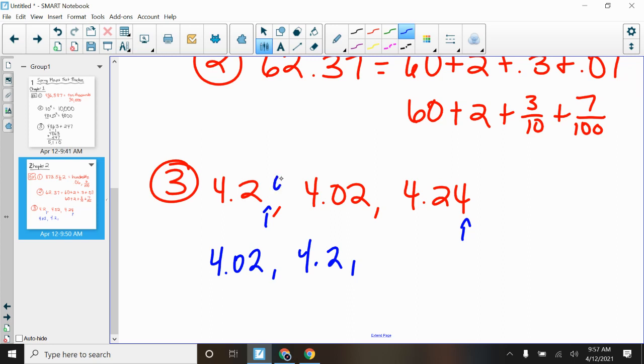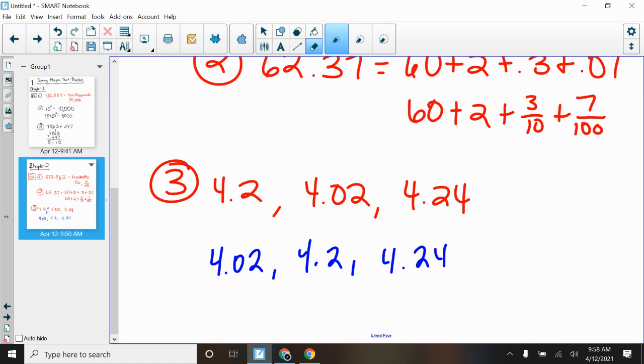So I could pretend like there was a 0 there. What's bigger, 0 or 4? 4. So obviously the next smallest one is 4.2, and Connor, the largest one is 4.24. So that, you guys, is the order that you should place these things in, okay?